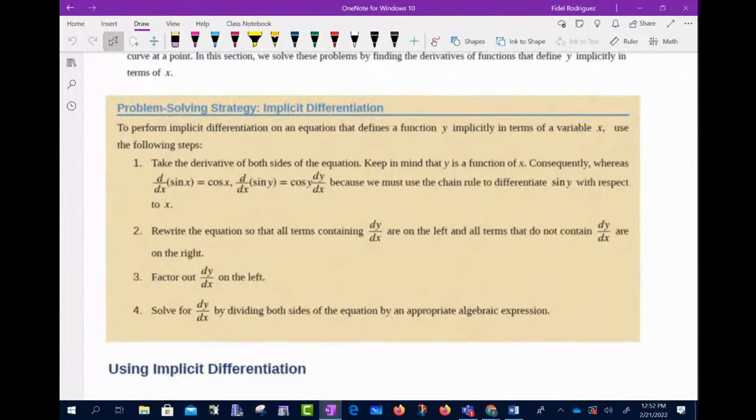To perform implicit differentiation on an equation that defines the function y implicitly in terms of the variable x, these are the steps we're going to take. We're going to take the derivative on both sides of the equation. Keep in mind that y is a function of x. Consequently, whereas the derivative of sine of x is cosine of x, the derivative of sine of y would be cosine of y times the derivative of whatever that y value happens to be, which is why we have that part right there, because we're taking the derivative of whatever the angle is, right?